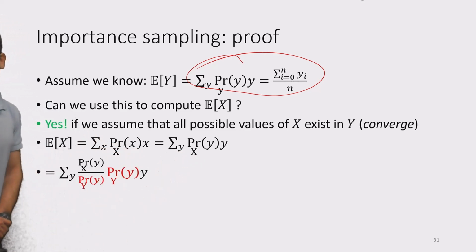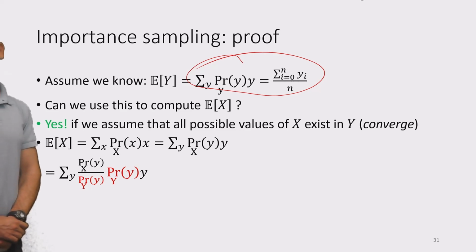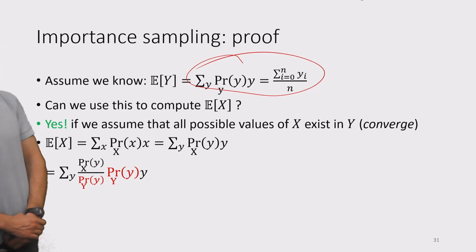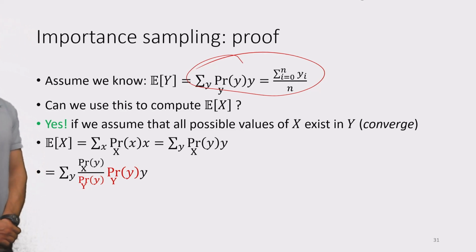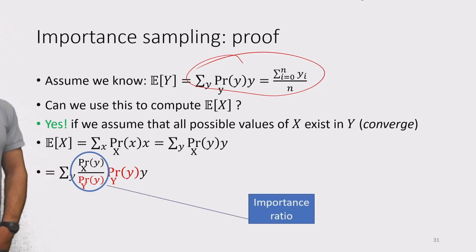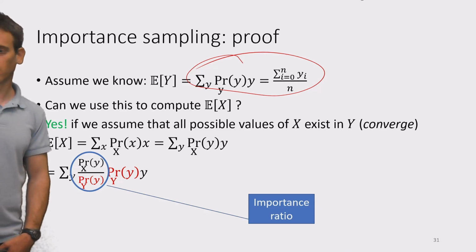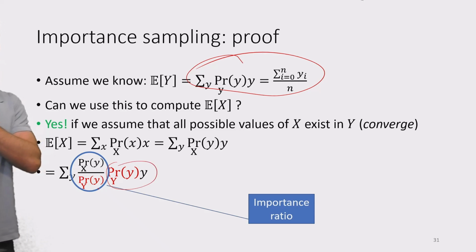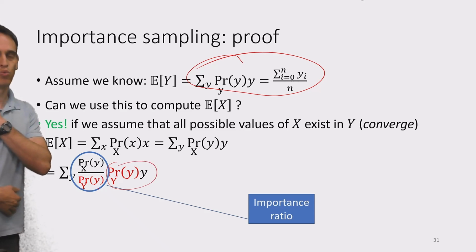So now actually the proof is pretty simple. We multiply and divide by the probability of seeing that outcome under distribution y, the other random variable. And now we can see that we have precisely the importance sampling ratio here, as we defined it previously, multiplied by the expected outcome for y.